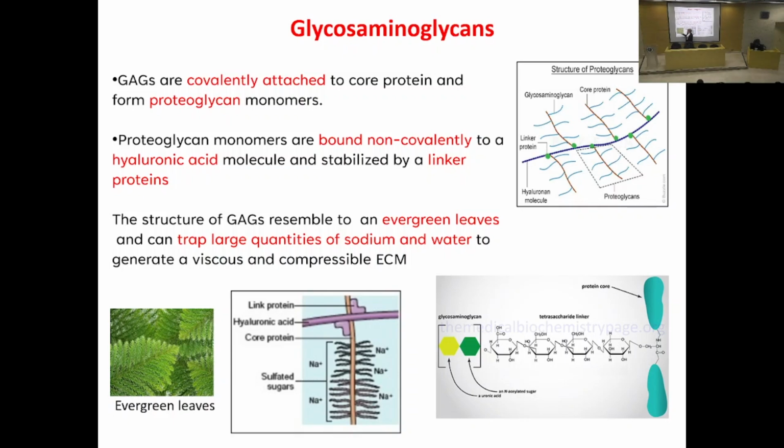And each of these has the core protein with the GAGs attached to it, okay? There is another resemblance, like the brush that you use to clean a bottle, okay? So the same concept: we compared the structure of the proteoglycan to evergreen leaves or to a bottle brush.